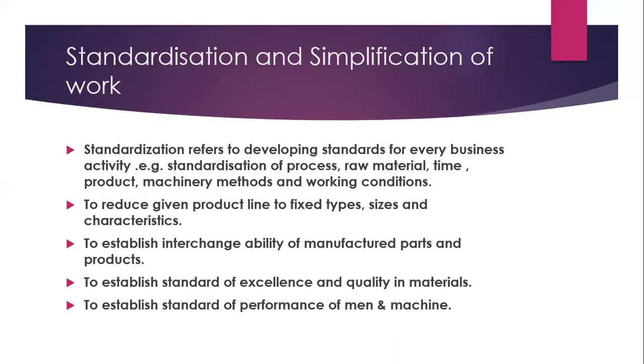First is to reduce a given product line to fixed types, sizes, and characteristics; to establish interchangeability of manufactured parts and products; to establish standards of excellence in quality of materials, so whatever quality is there, they're the best when it comes to fries and other stuff; and to establish standards of performance of men and machine. So all these things come under standardization.